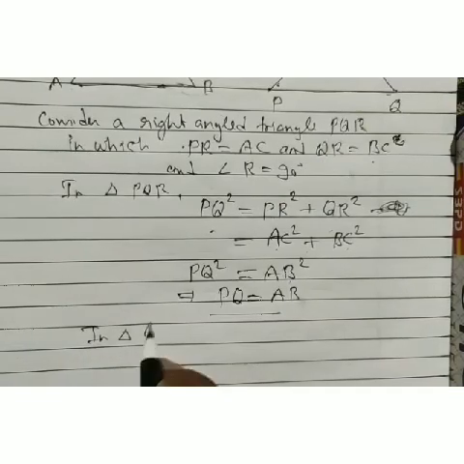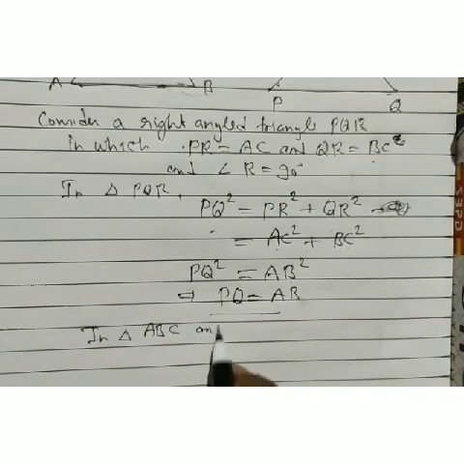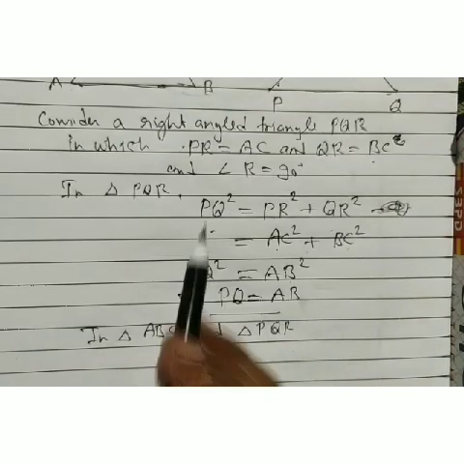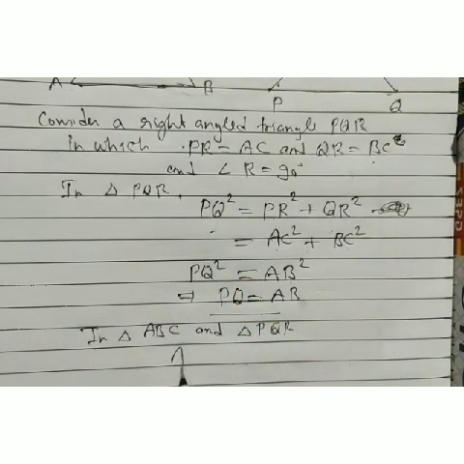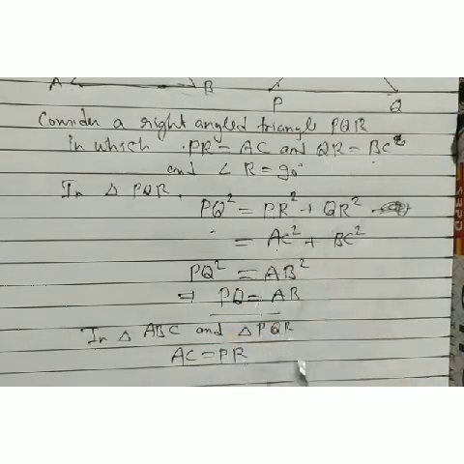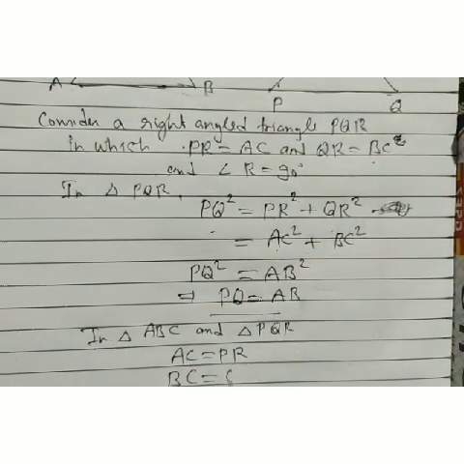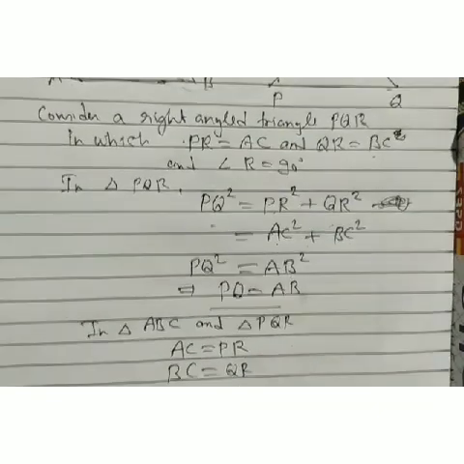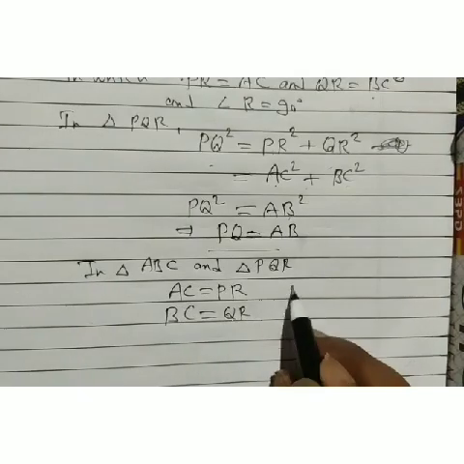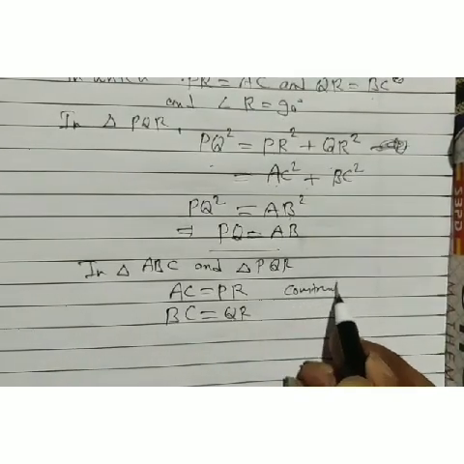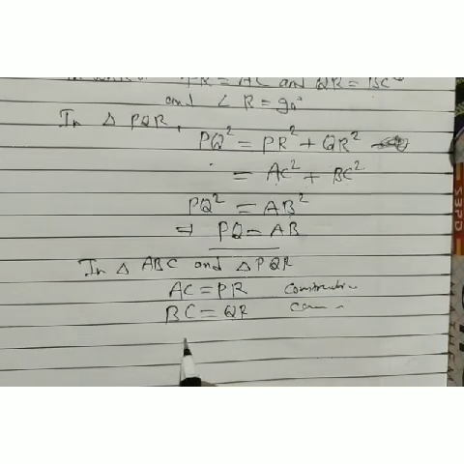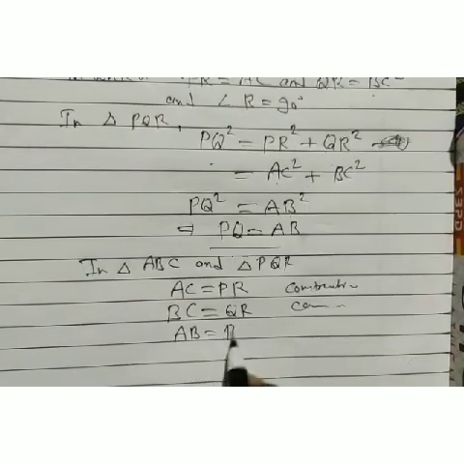Now look, in triangle ABC and triangle PQR, what do we have? We have taken already PR equal to AC. Then AC is equal to PR and BC equal to QR, by construction, and we proved that AB equal to PQ.